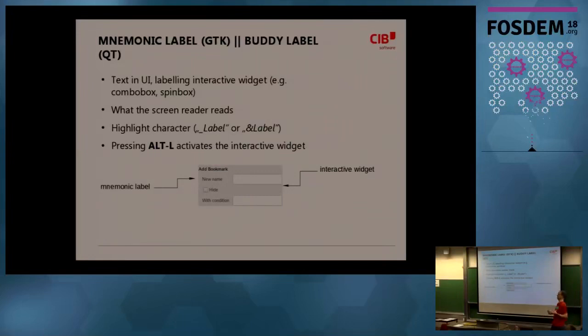But again, that's something that you can test by using a screen reader. If you don't want to do that, the next thing is just check if the mnemonic labels are all set. Parts of that can be automated.